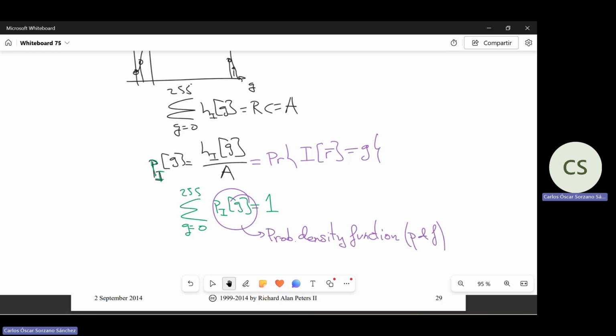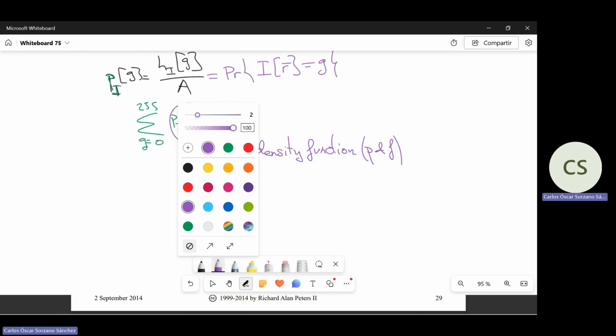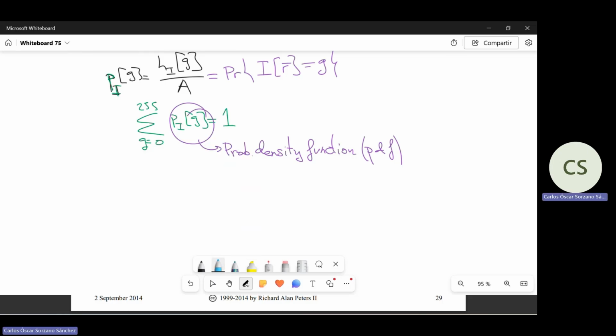Okay, so then if this is a probability density function, I can compute the CDF. I think they use capital P, so capital P of G, with the sum from G prime equals 0 to G of p_I of G prime.